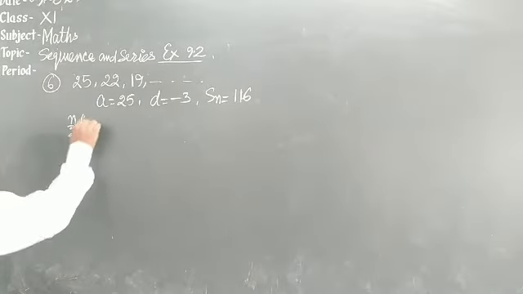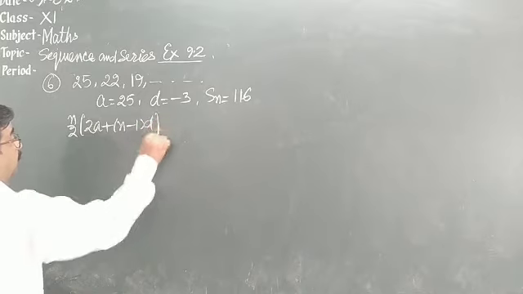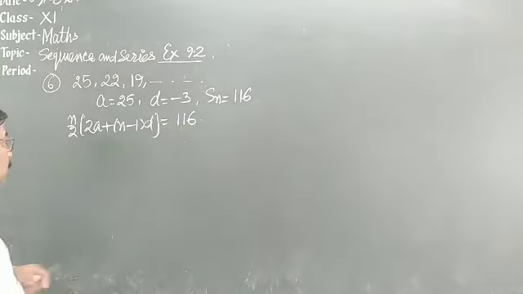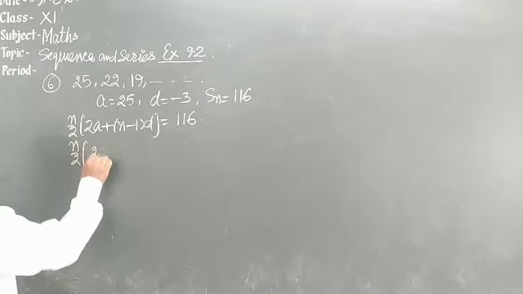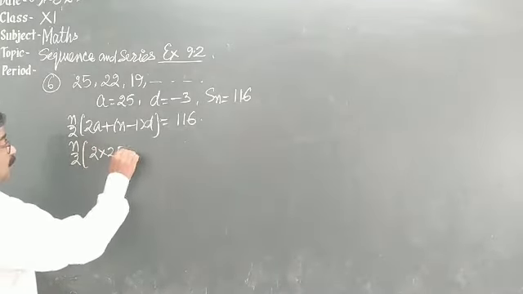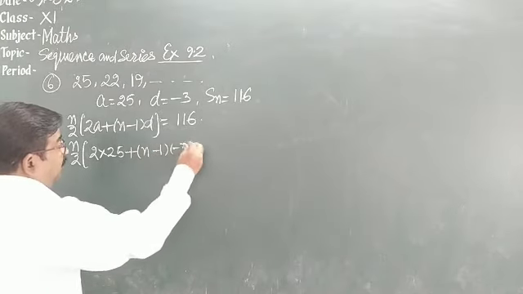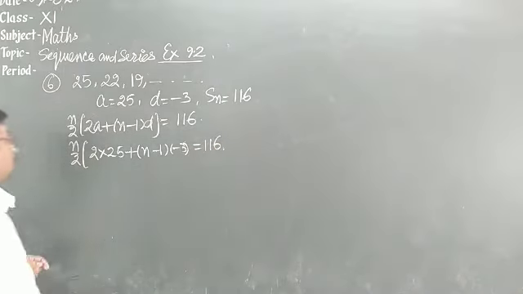So n by 2 into (2a plus (n minus 1) into d) is equal to 116. Writing the values, we have n by 2 into (2 into 25 plus (n minus 1) into minus 3) is equal to 116.